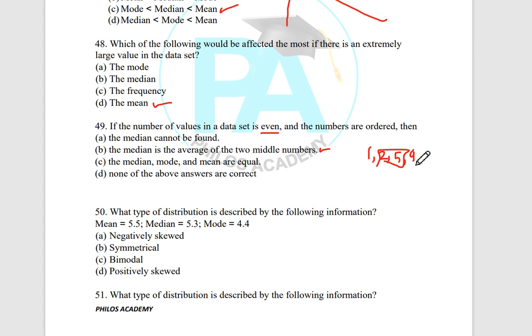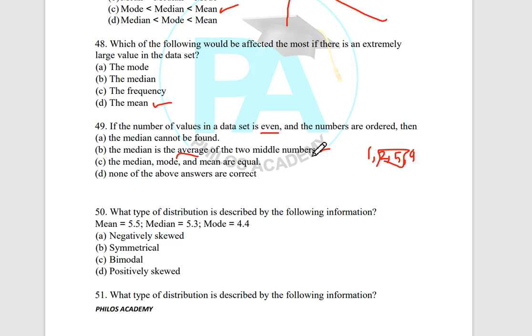If it was 5 in number, you would have gotten one middle number easily, isn't it? Like 1, 2, 3, 4, 5. The middle number will be 3, so 3 is the median. But for this one, you have two numbers at the middle, so you add them together and divide by 2. So that's what we mean by the average of the two middle numbers. Okay. So the answer is B.